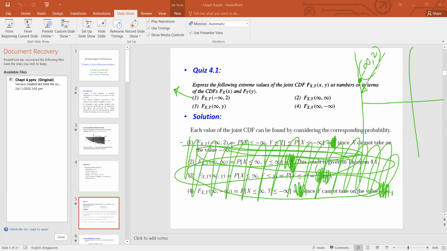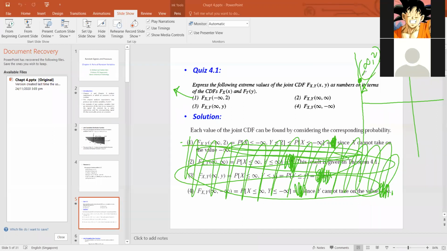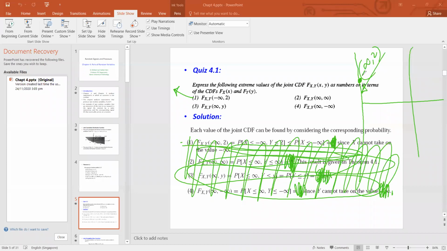Now at this point, what will be the CDF? 0. So don't get confused: if either x or y goes to minus infinity, the CDF has to be equal to 0.